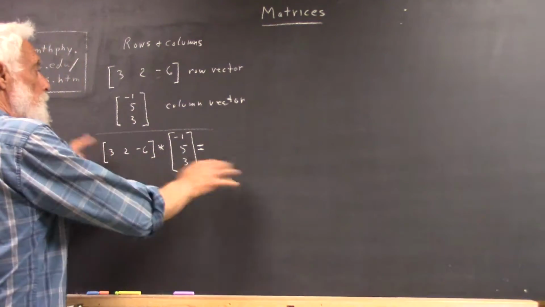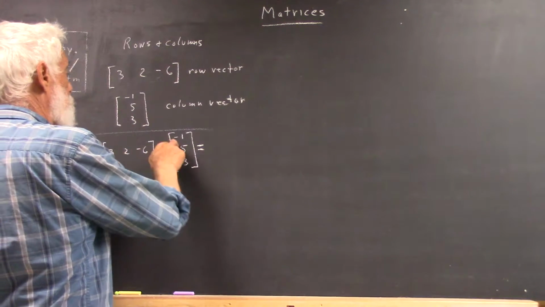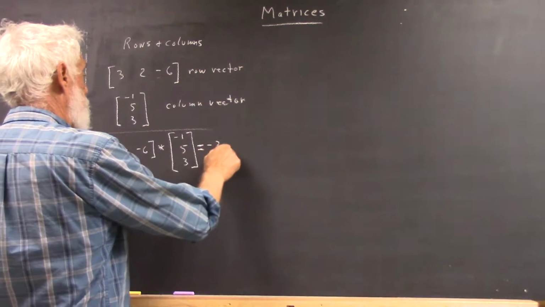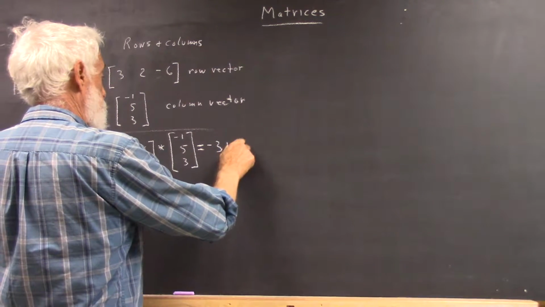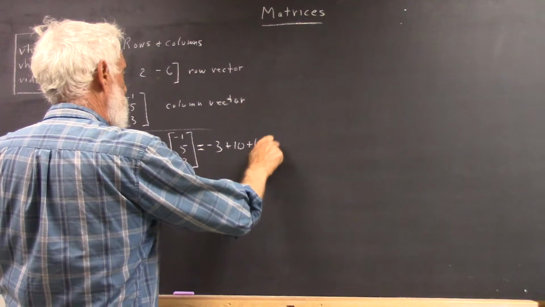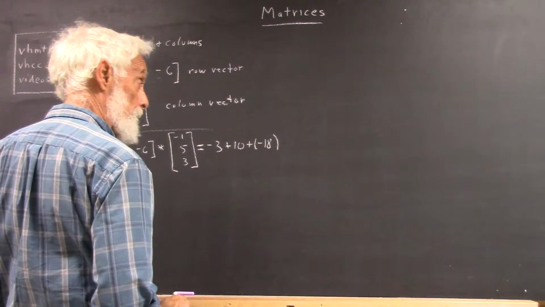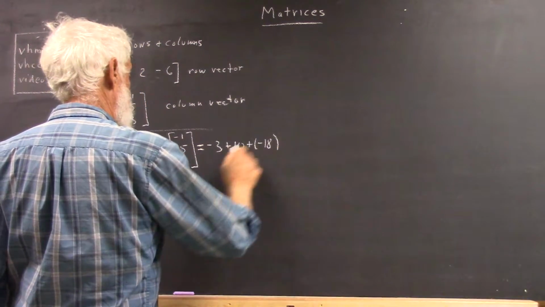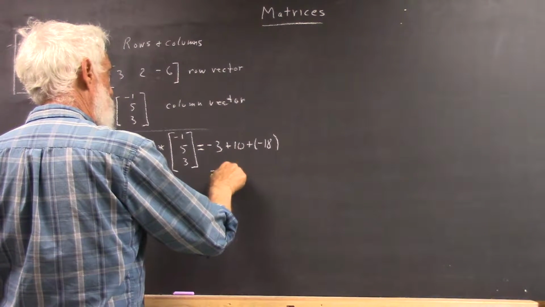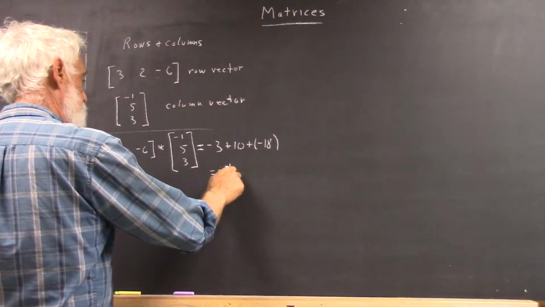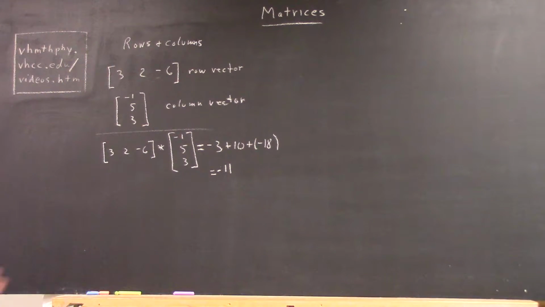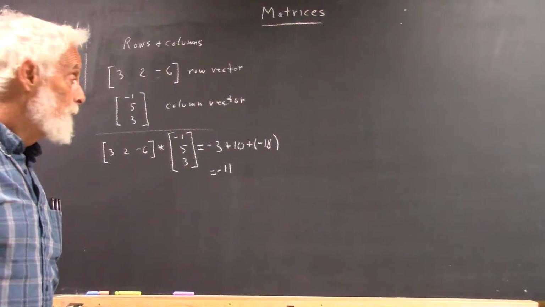Okay, so let's just do this multiplication. 3 times -1 is -3. 2 times 5 is 10. -6 times 3 is -18. And that equals then -11. -21 here plus 10 gives me -11. Okay, so very easy to multiply a row by a column.